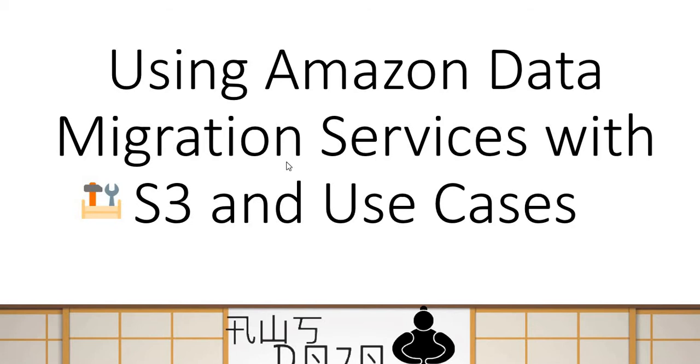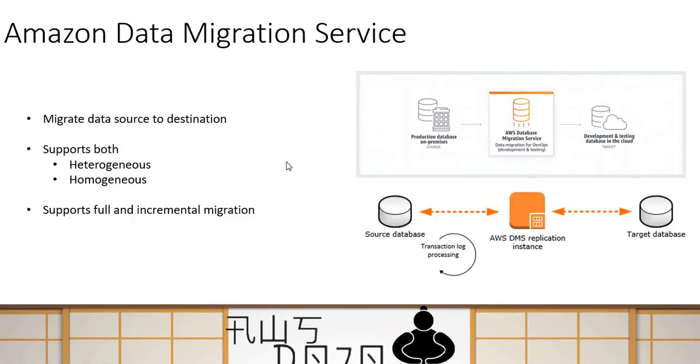So let's get started. Just to give you a small introduction about Data Migration Service, it is a service which is primarily used for migrating data from one source to another, from source to destination. Your source and destination could both be heterogeneous or both be homogeneous. For instance, if you are moving data from MySQL to MySQL, then it is a homogeneous migration.